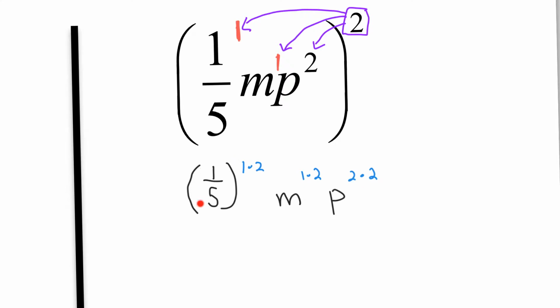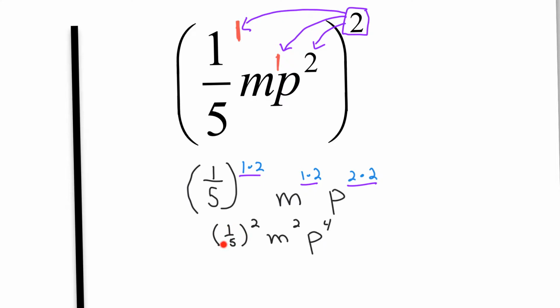Now let's go back over here. You simplify, so we get 1/5 squared m squared. So I am multiplying the exponents 1 times 2, 1 times 2, and then 2 times 2. That's p to the 4th power. Now this here, okay, let me talk about fractions. Don't get scared.